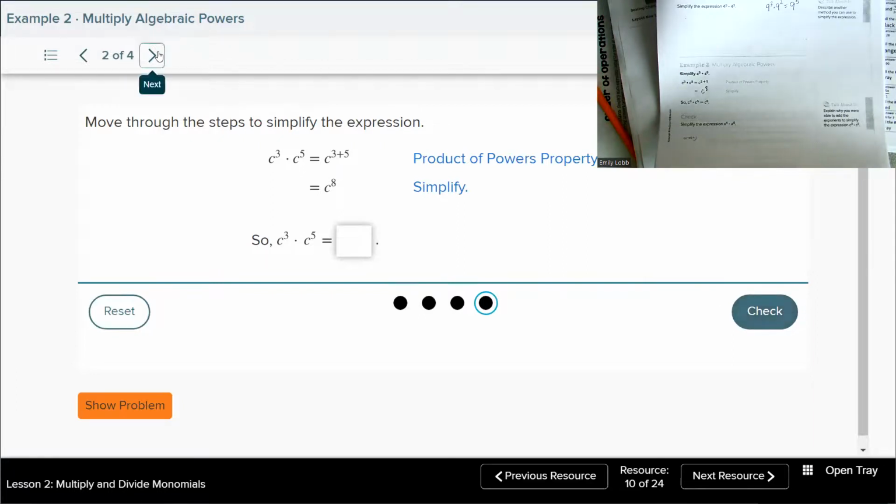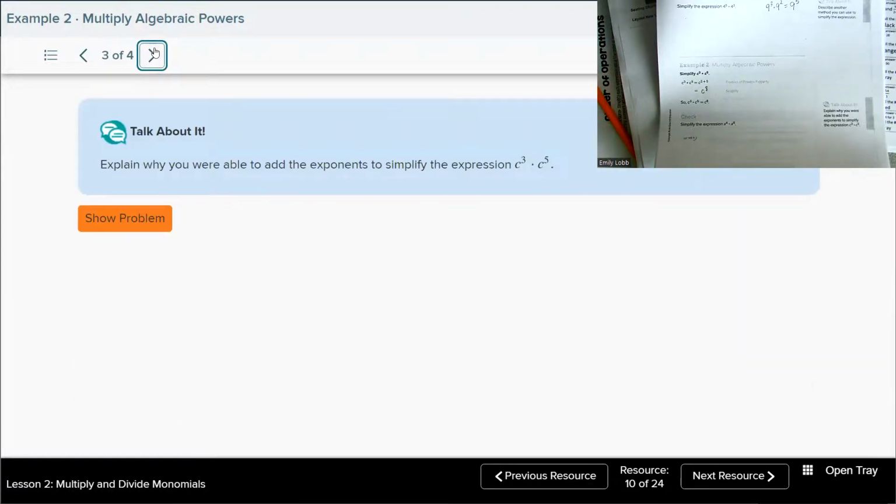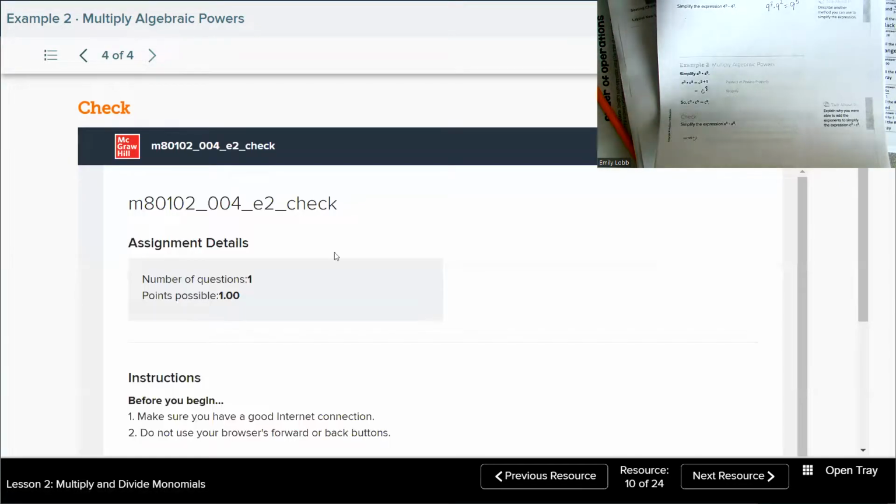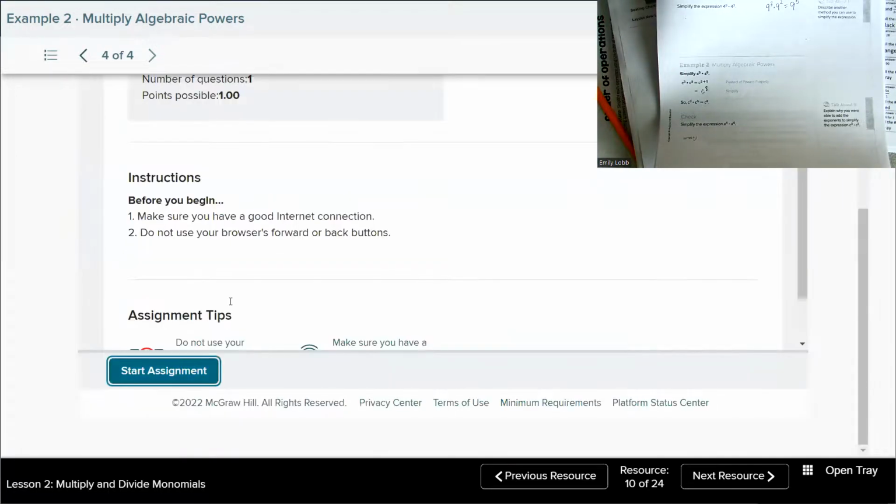So now we just need to think it through. Explain why you were able to add the exponents, because c, they're both the same letter, so they're the same base, so we can add the exponents. All right, so this is your check on the bottom of page 15. It is x to the 4th times x to the 6th.